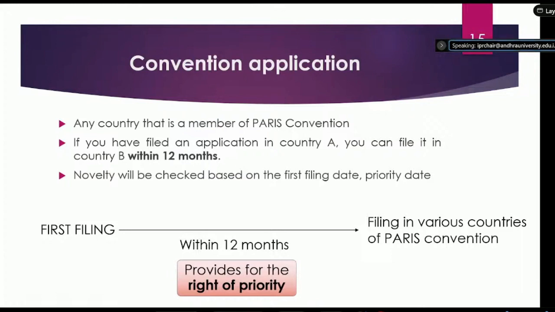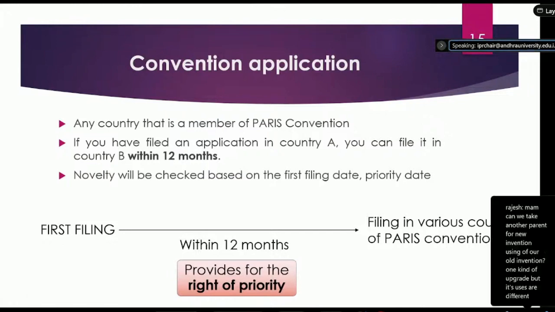Most of the time, if you don't remember what the timeline can be, it is basically 12 months. If you have filed one provisional specification, you have 12 months of window time to file the complete specification. If you have filed in one convention country, you have 12 months of time to file in the next convention country. So just remember 12 months, it's very easy, but don't write it as 1 year, we just call it 12 months.